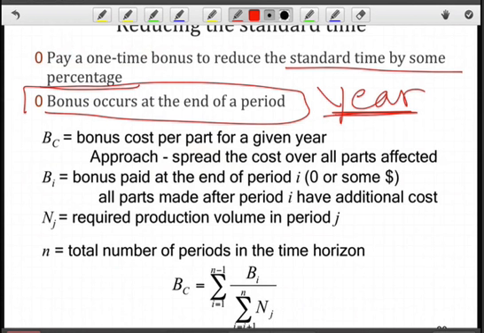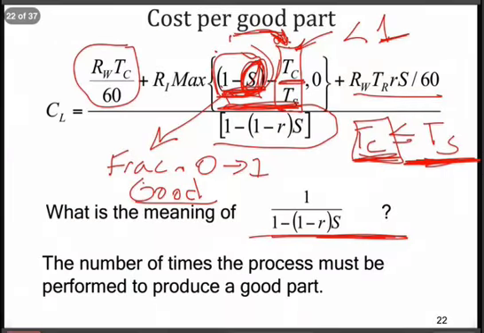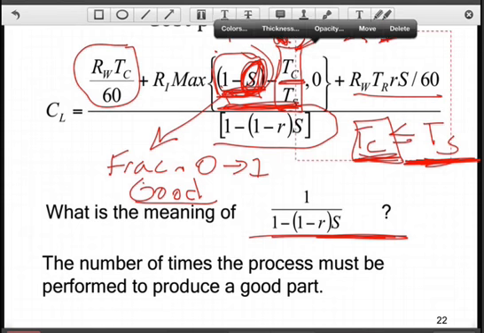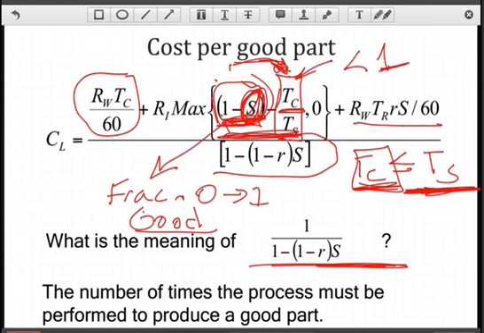So at the end of the year, if we decide to pay this bonus, then we can reduce the standard time and make it closer to T sub C. Of course, let's see what the effect of that is on our expression here. If we make the standard time closer to T sub C, then we will pay less incentive.